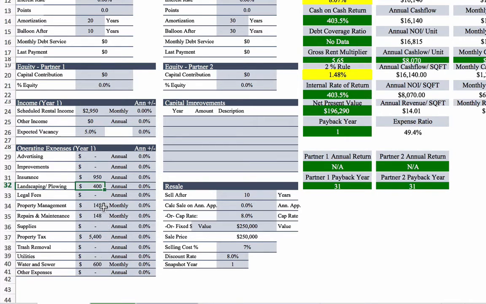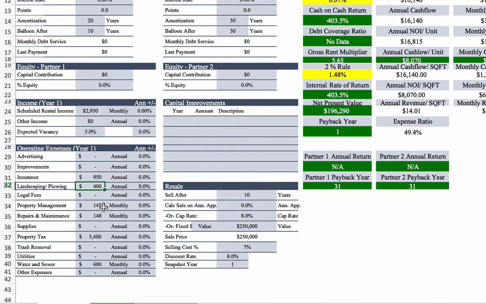Now, the property management and repairs and maintenance, my tip is always that when you're doing an analysis, whether you manage your properties yourself or not, whether you incur repairs and maintenance or not, it's a good practice to put some numbers in here, because on the repair side, obviously you're going to have some repairs here and there.